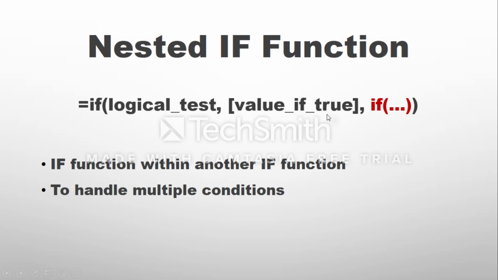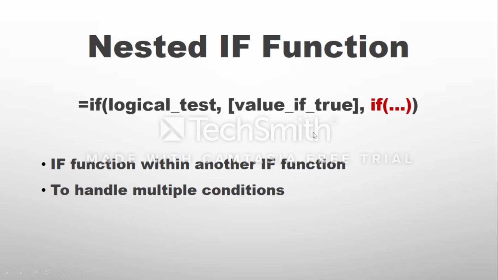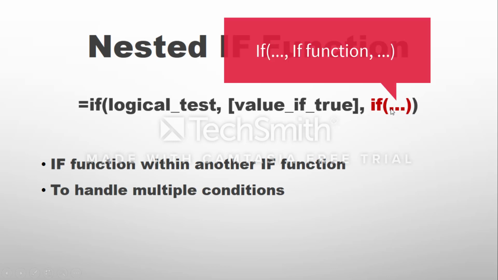Alternatively, you can replace the second argument, which is the value when the condition is true, with another IF function. You can also add an IF function within another nested IF function. So in this syntax, you can use IF functions within this particular IF function.